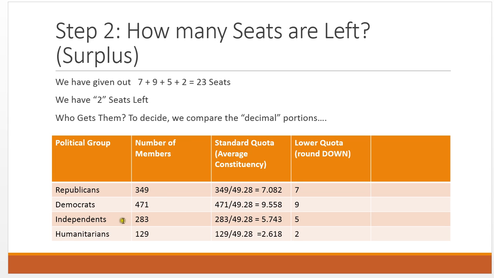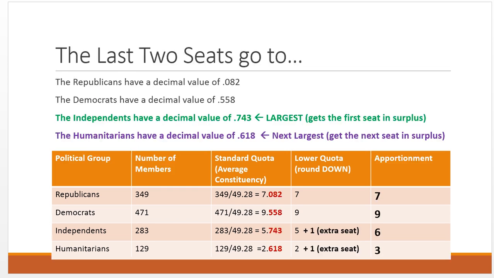So the Independents and the Humanitarians are each going to get one of these extra seats because their 2 decimal portions are the largest, and we have 2 seats left. If we only had 1 seat left, the Independents would get it because they have the largest decimal portion. But since we have 2, we just go in order, handing those seats out to whatever group has the largest decimal portion.